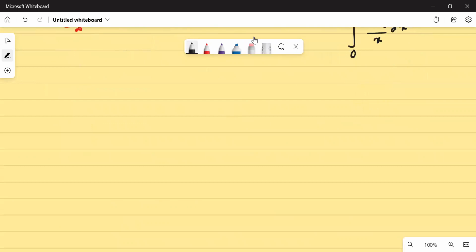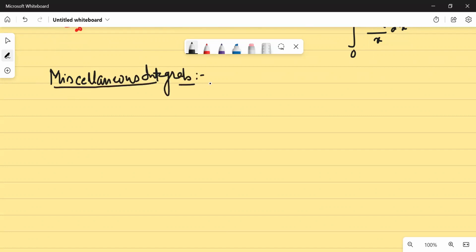In previous cases, we have not discussed anything like if the singularity lies on the contour itself, right? So now I'm doing that, singularity lying on the contour. That is why I don't know what I should call these integrals. I'm writing them as miscellaneous integrals on the contour itself. Okay.